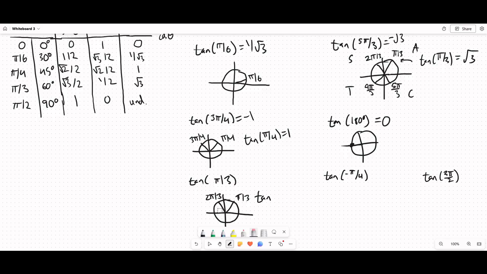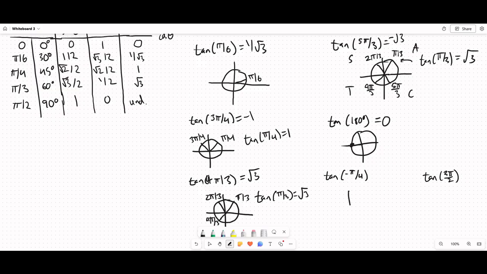So how about something like 4 pi over 3, which happens to be right here. I know that tangent of pi over 3 from my exact value chart is square root of 3. And if I look at tangent of 4 pi over 3, that's the same line. It should have the same slope. So we're actually going to have a positive square root of 3 as my answer here instead of negative.